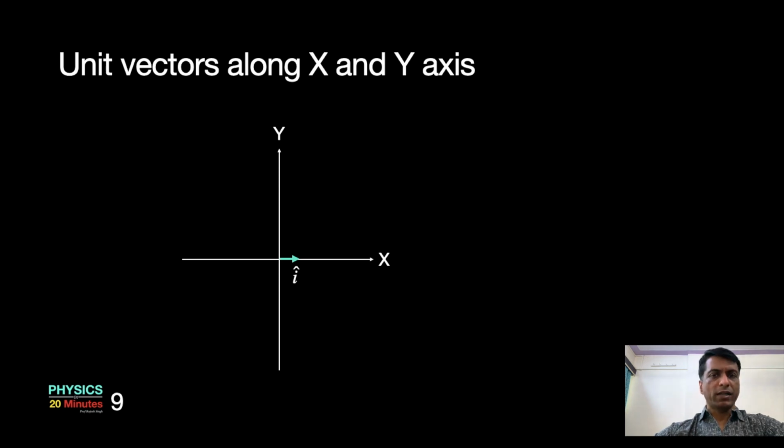It will be minus i cap. Similarly, I can define a vector j cap which gives me the direction of the positive y-axis. To get the direction of the negative y-axis, I may write minus j cap. So i cap and j cap are the two unit vectors which give me the directions of the positive x-axis and positive y-axis. Their magnitude is 1 unit.